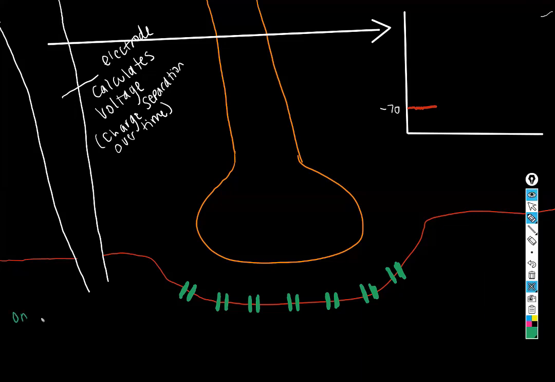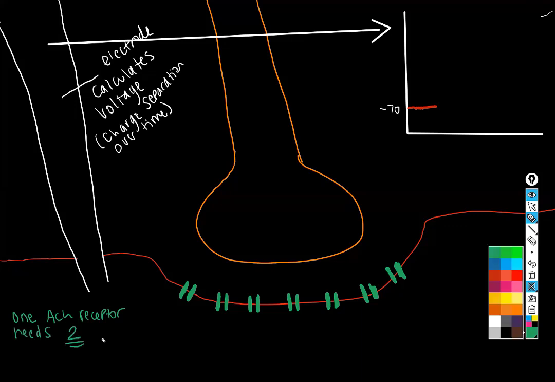So 1 acetylcholine receptor needs 2 acetylcholine to open.